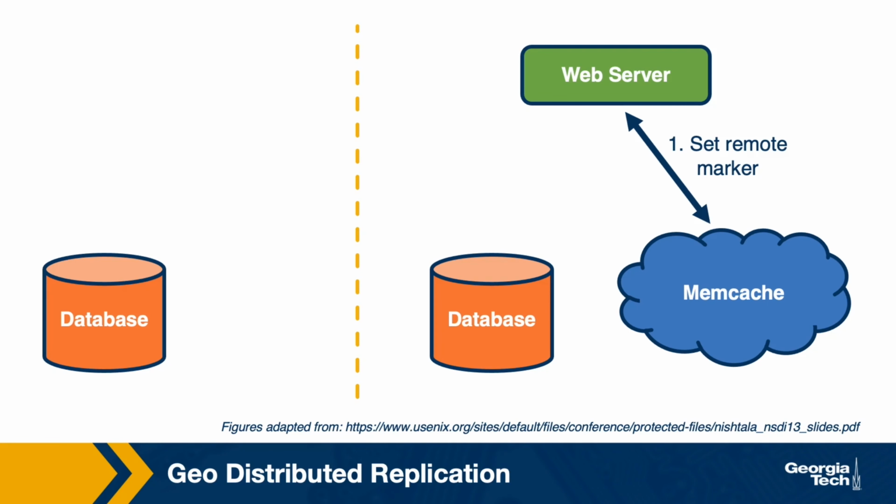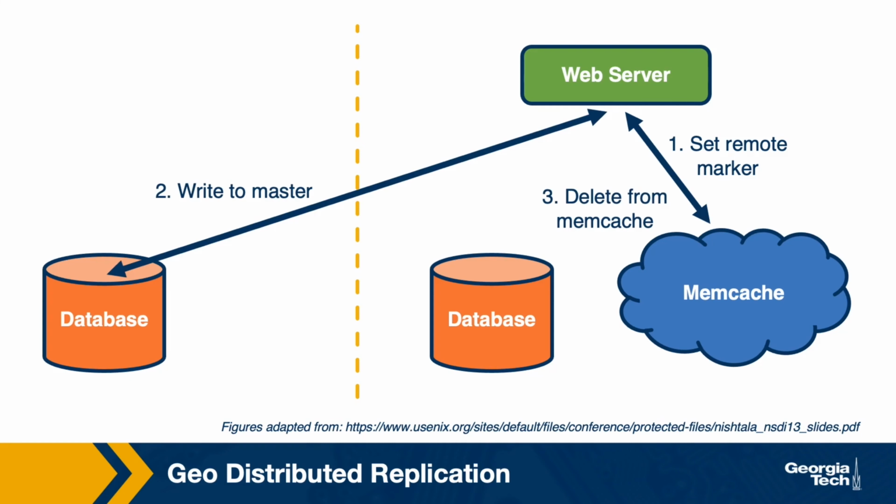When a client web server wants to perform an update, it is first going to set a marker in the local Memcache with the entry that's associated with the value that it wants to update. This marker is going to tell the Memcache that the value is involved in some remote operation, and we need this in case there are some other concurrent operations that will be issued for this value so that we can ensure proper ordering.